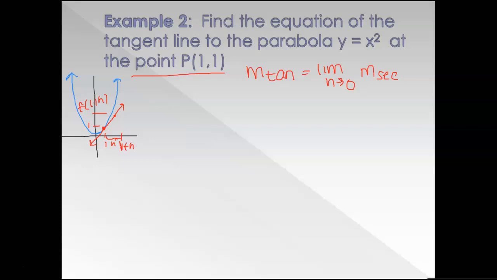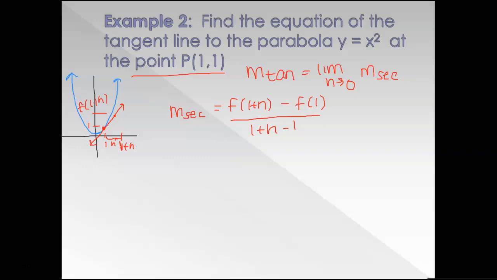So the slope of the secant is equal to f of 1 plus h minus f of 1 all over 1 plus h minus 1. Because again, this is your f of x2 minus f of x1 all over x2 minus x1, where my x1 is 1 and my f of x2 is 1 plus h.